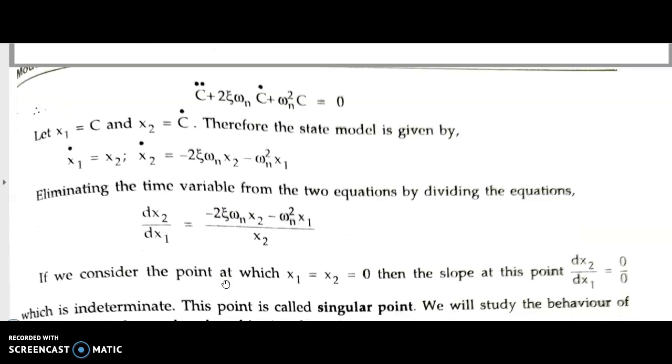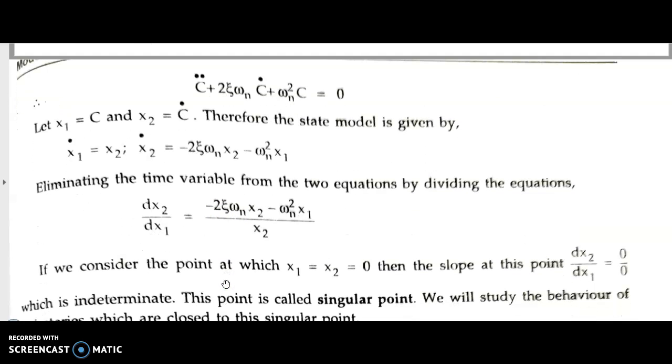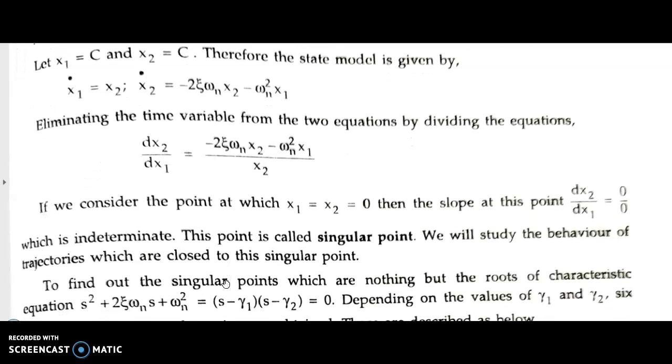Here, if we consider the point x1 equal to 0, x2 equal to 0, then the slope is 0 by 0, which is indeterminate. So this point we call a singular point. The trajectories we are going to study are those close to this singular point. To find the singular points, which are nothing but the roots of the characteristic equation.